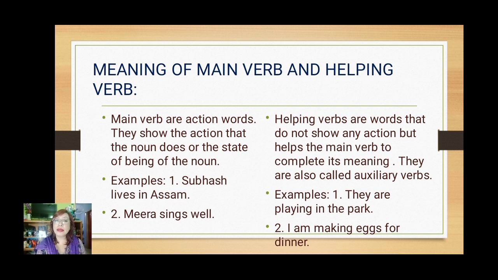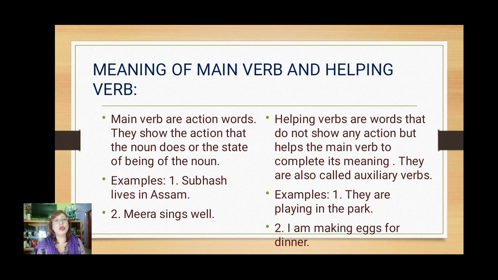Let us see some examples for better understanding. Number 1, they are playing in the park. Now in this sentence, students, can you identify the verb, the action word? The main verb is playing, right? Playing denotes the action over here, right, students? Yes, but it is being helped by the auxiliary or helping verb, which is are, right?